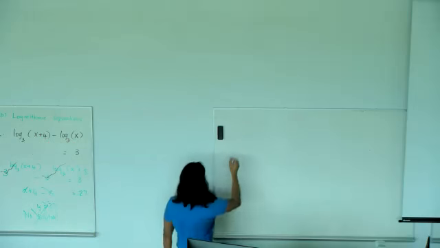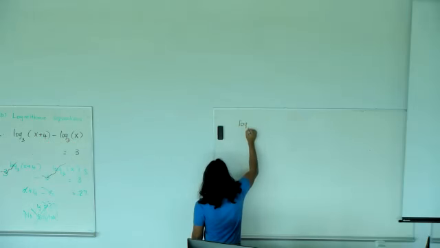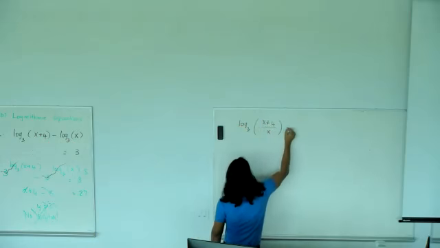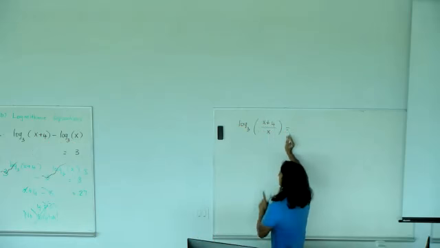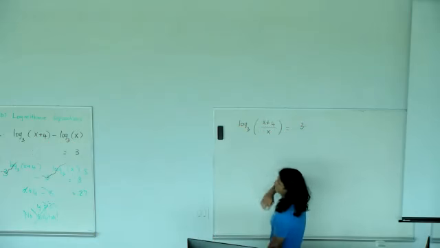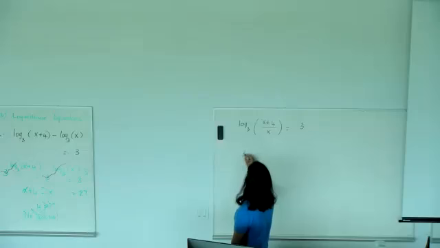Now I have a log by itself on this side and 3 on the right-hand side. Now I can exponentiate and free the term that is trapped inside the logarithm.